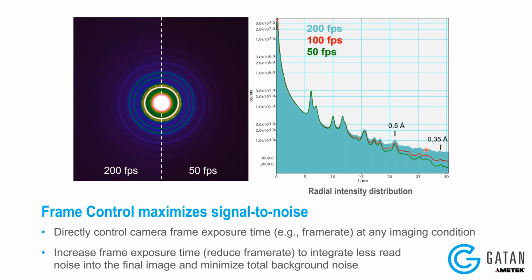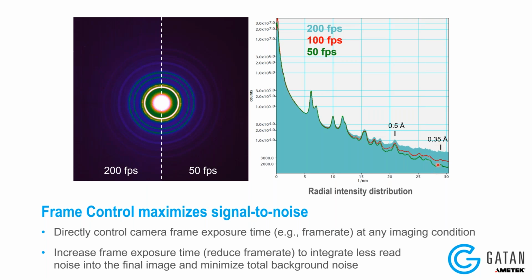But as we decrease the frame rate, which means that we decrease the amount of total noise integrated into the data, we can see that the background level drops and that these higher resolution rings or peaks in the diffraction pattern become much more visible.